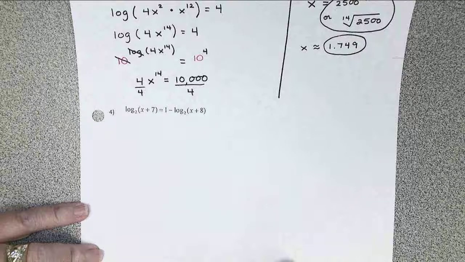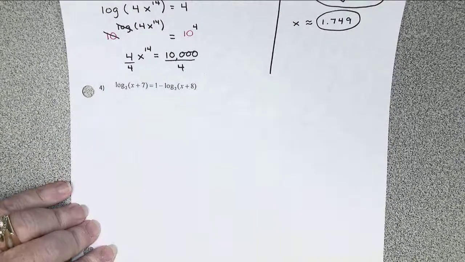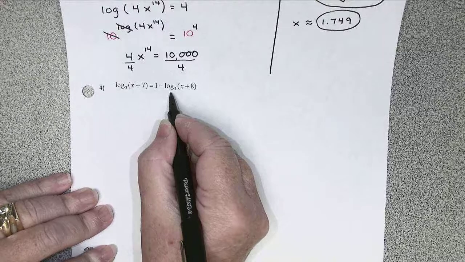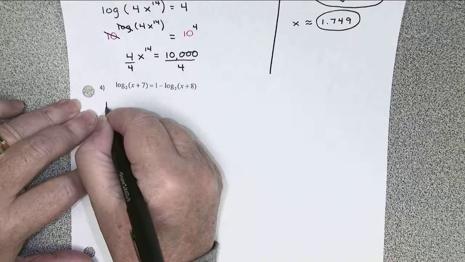All right, our last example. Once again, the logs are on opposite sides, so I'm going to go ahead and add the log base 2 of x plus 8 to bring it over to the left-hand side.